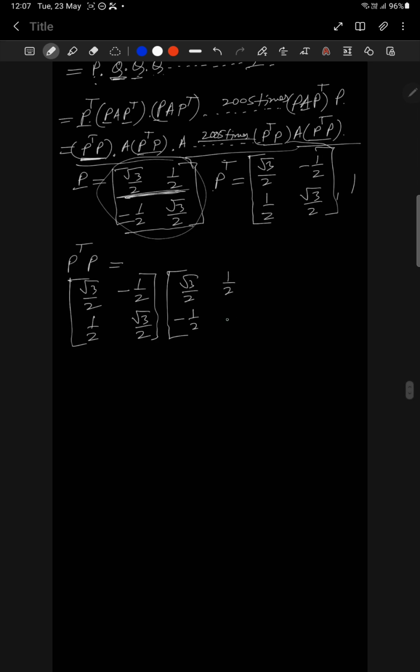For that, first we have to write this one: root 3 by 2, minus 1 by 2 as the first row, 1 by 2 and root 3 by 2 as the second row, multiplied by P. P was given as root 3 by 2, 1 by 2 and minus 1 by 2, root 3 by 2.